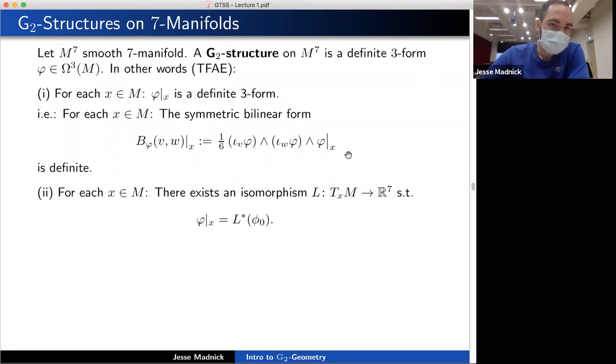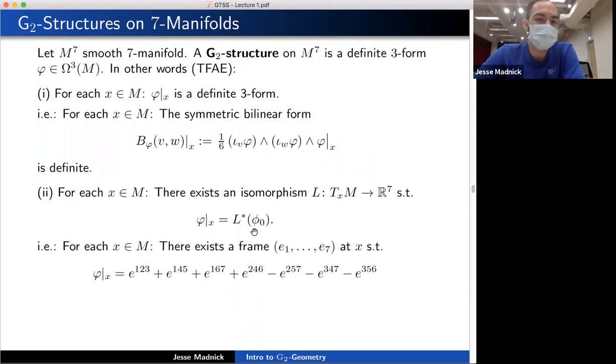But by the considerations that we just talked about, this is equivalent to saying that at each point in M, there's a linear isomorphism between the tangent space and R7 that identifies phi at x with the flat associative 3 form phi0. Or to say that yet again, at each point x, there's a frame at x such that phi at x can be written in this standard way.